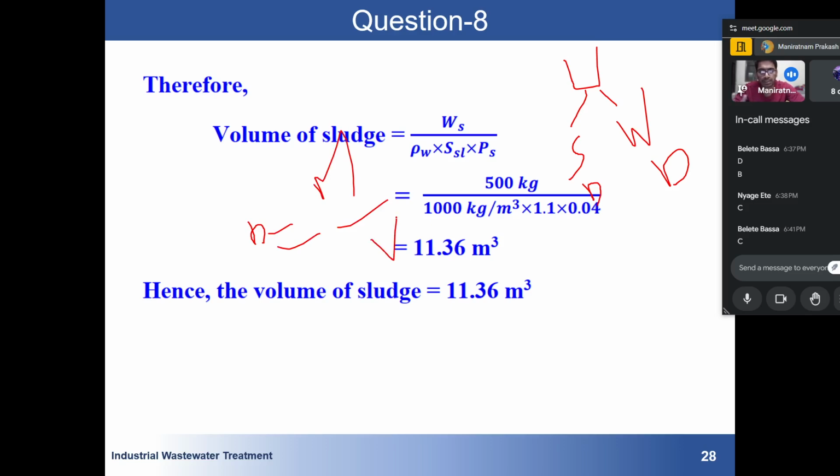Whatever modification you have to do, you use a single formula. You just have to keep in mind where to use which density. In the question, it will be specifically needed whether it is the density of solid or the density of sludge. Don't get confused.